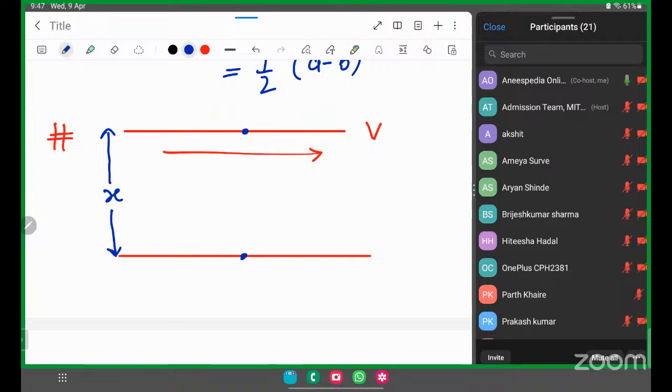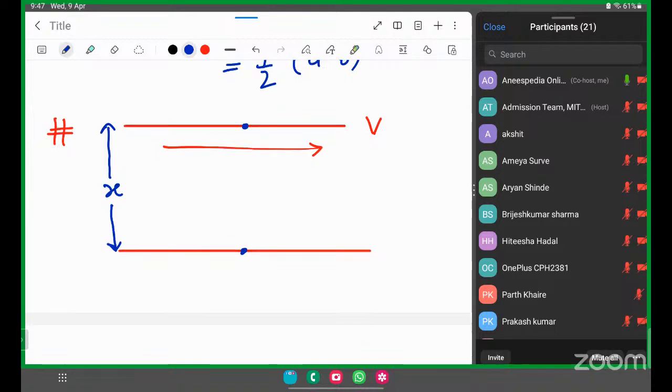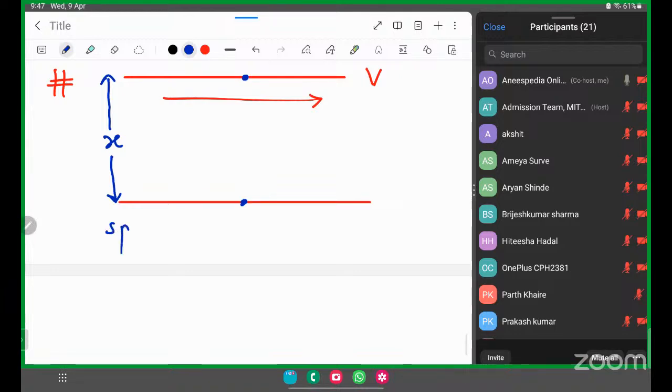So how much time will it take him to cross the river? If he can swim in still water at the speed of u km/h, the speed of man in still water is u unit km/h. So how much time will it take?